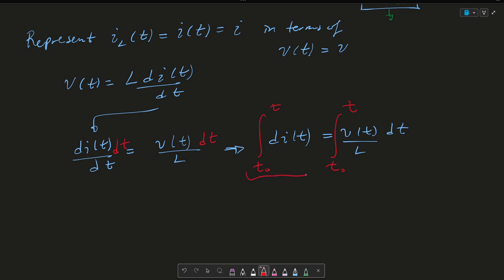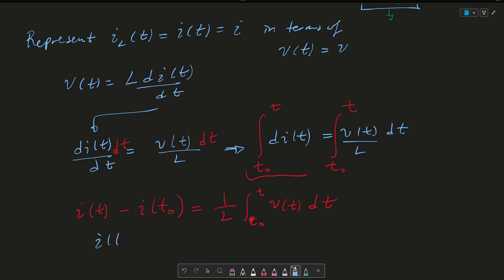When I do the integration, I get i(t) minus i(t0) equals 1 over L times the integral from t0 to t of v(t) dt.